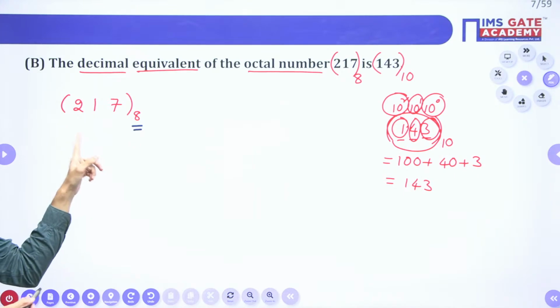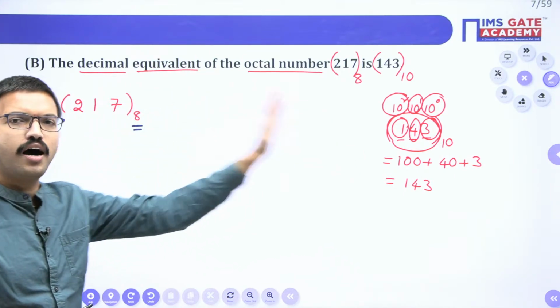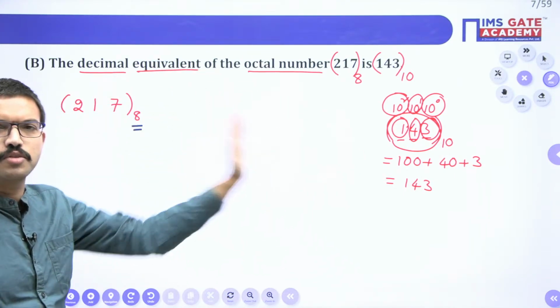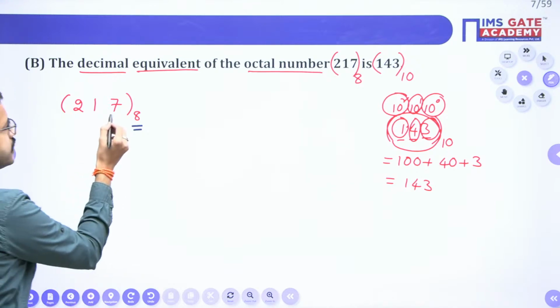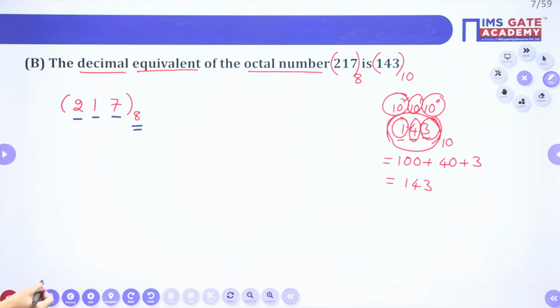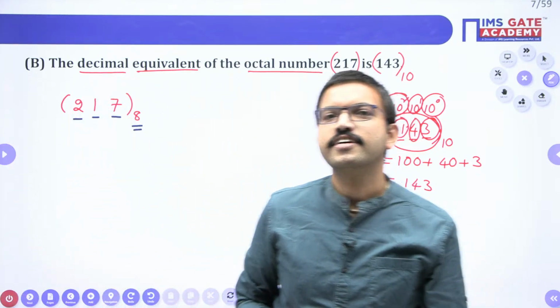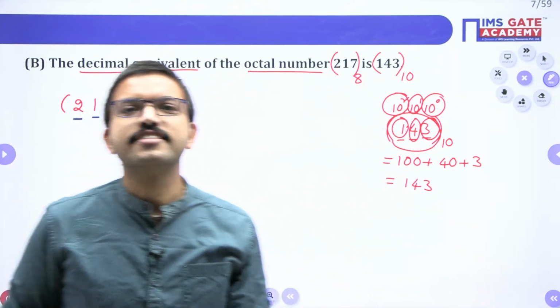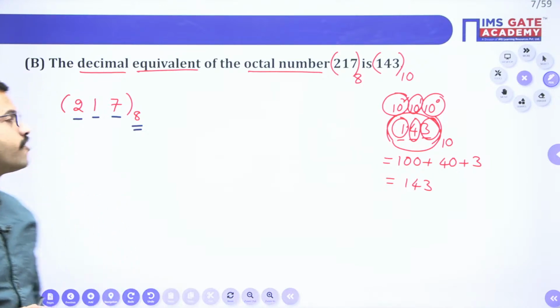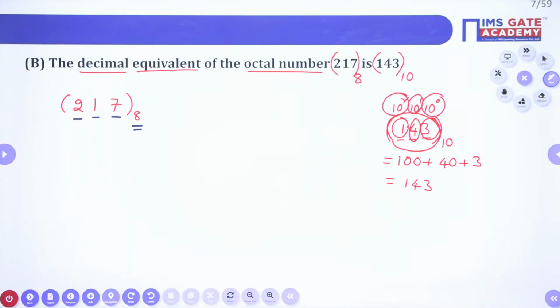I want to convert this number into decimal, or find the equivalent value; both are the same. Now can you guess, here you have 3 digits, what will be the corresponding positional weights? Yes, very good, Sandeep sir. What will be the corresponding positional weights?